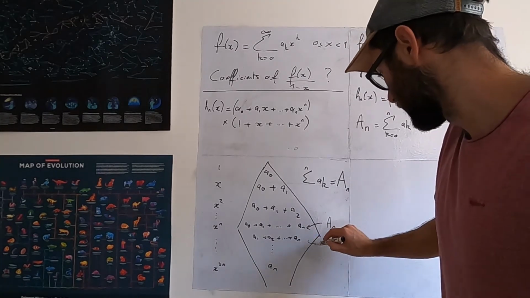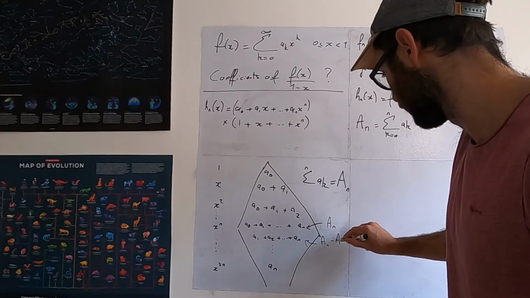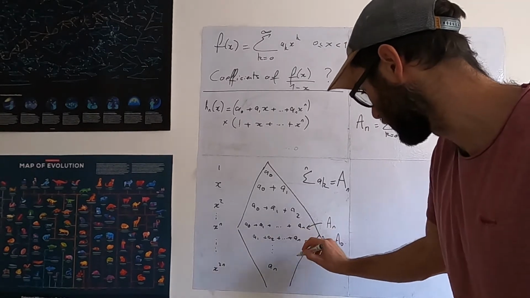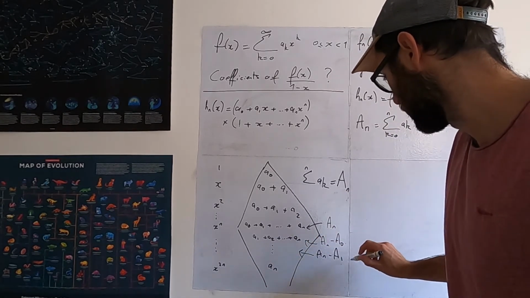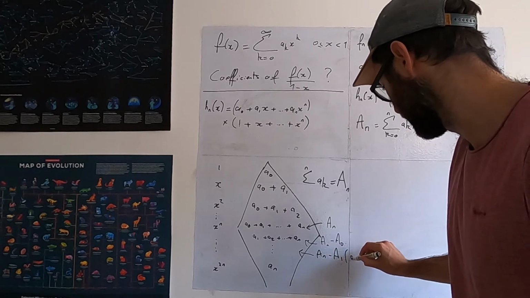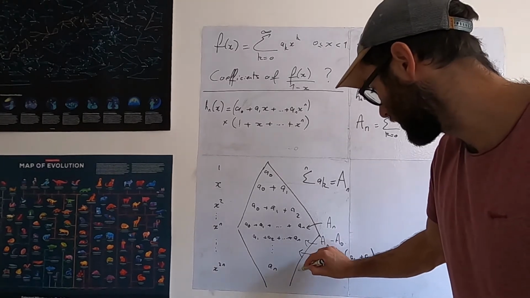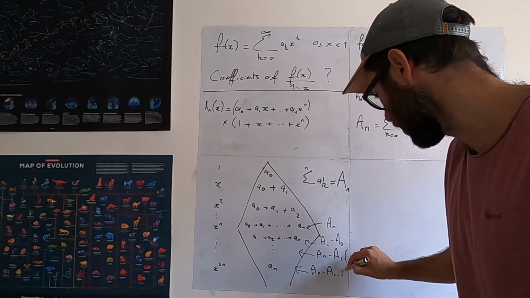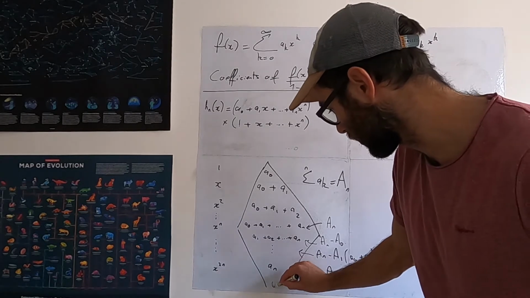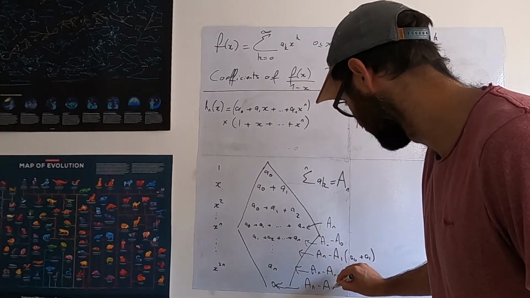This is An minus a0, right? We're just missing the first term. You then have here An minus A1, which is a0 plus a1. And finally here you have An minus An minus 1, and you could even say that there is another term here which is An minus An.